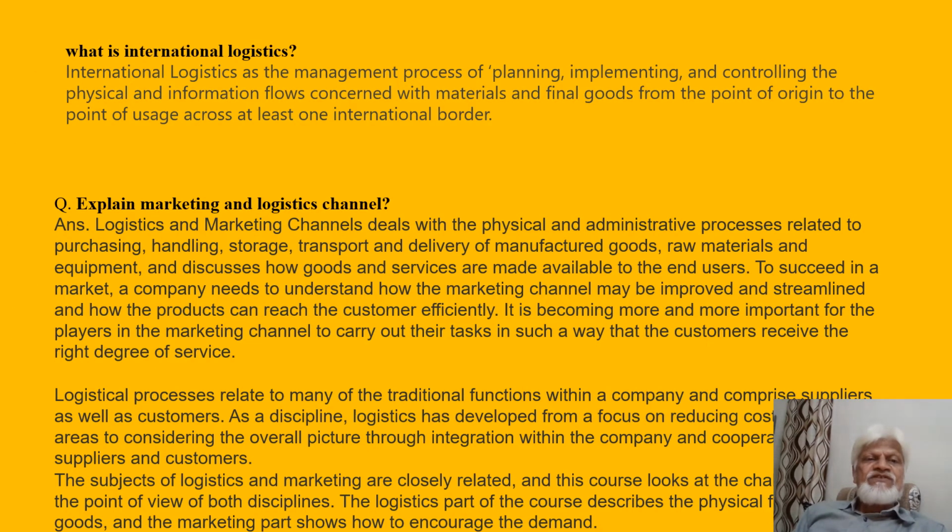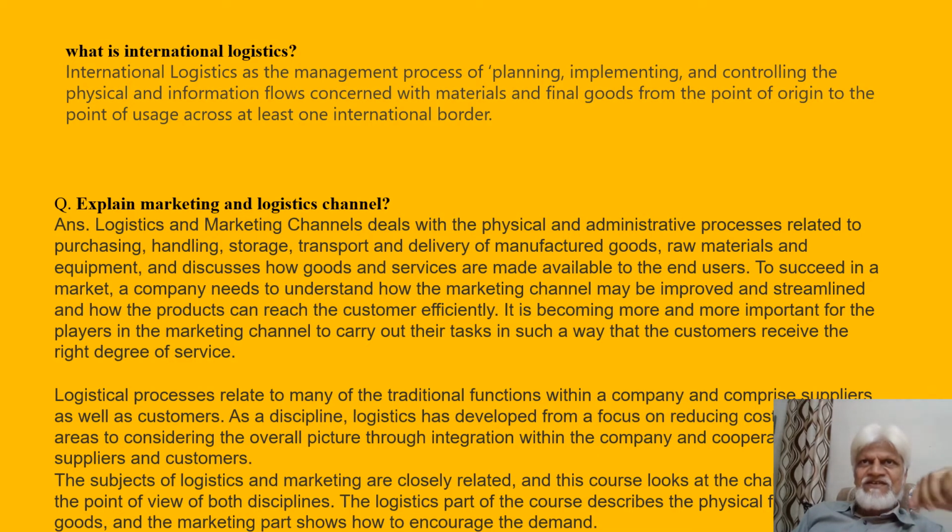Let us understand what is an international logistic. Simple definition. International logistic is a management process of planning, implementing, and controlling the physical and information flow concerned with the material and final goods from the point of origin to the point of usage across at least one international border.